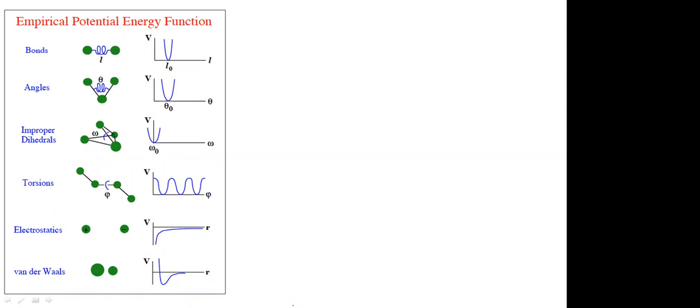In case of the empirical potential energy function, as I said, it is the best scoring function compared to the other scoring functions. Here you can see what energies it considers. It considers bonding interaction. You can consider the green balls as two atoms of a molecule, and the bond distance between the two atoms is considered.